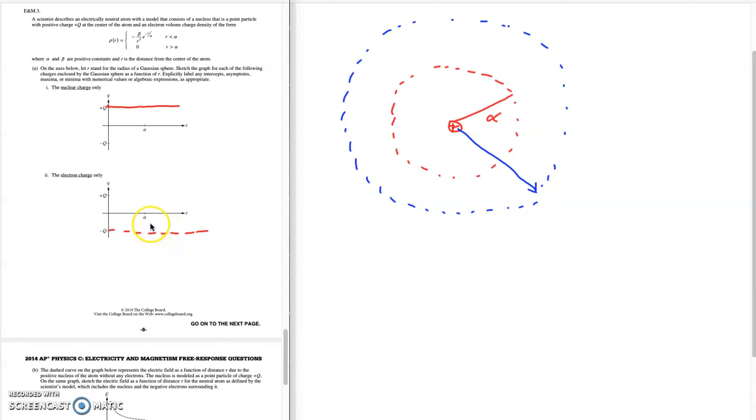And what we're going to have is an exponential decay curve where when we start at the center, we've enclosed the nuclear charge, but we have not enclosed any of the electrons. So it's starting out at 0, and then it's going to be an exponential decay kind of curve. And then once we reach alpha, that's as good as we're going to get.